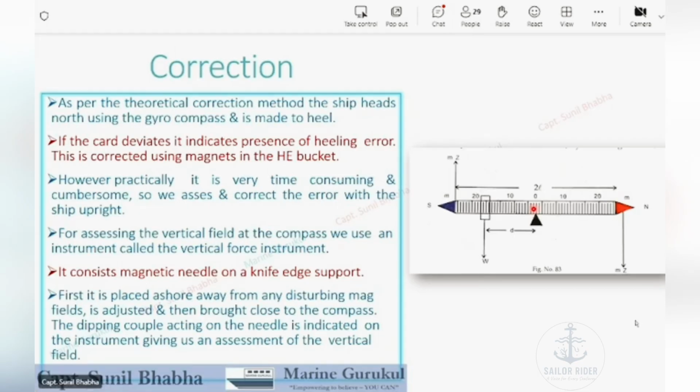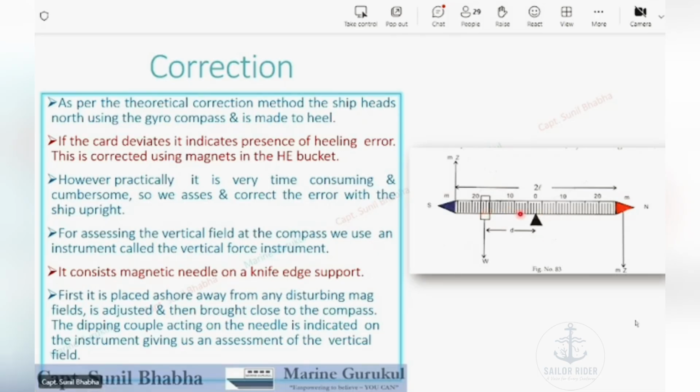The compass bowl is lifted up from the binnacle and placed on the side, and this VFI is made in such a way that it can fit exactly in the compass location. So this VFI is placed in the compass location. Now if there is any vertical field in the compass location, the needle will not stay horizontal. If there is any vertical field, the needle will start to point up or down.